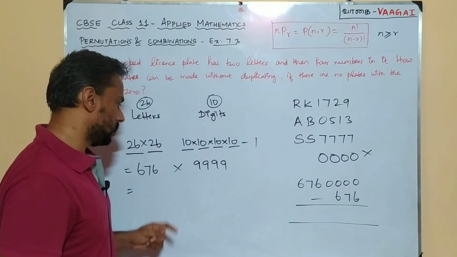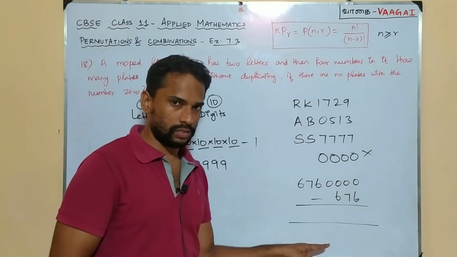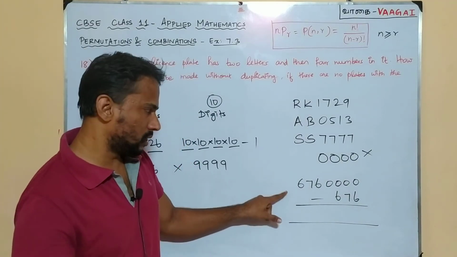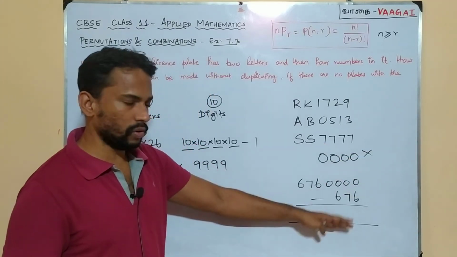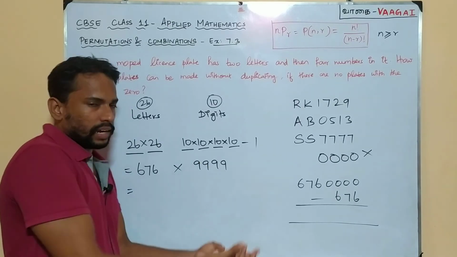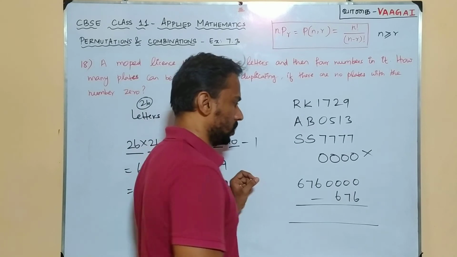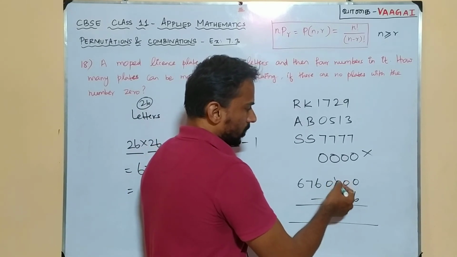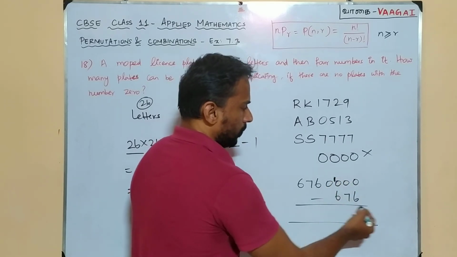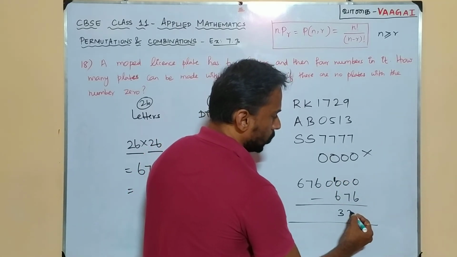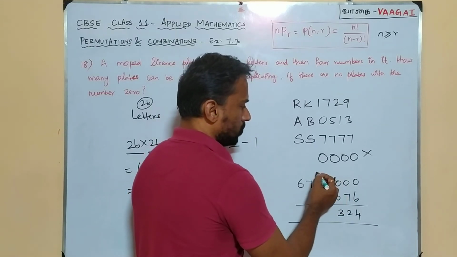Instead of multiplying 676 into 9,999, I am doing 676 into 10,000 minus 676 into 1, because this gives the answer for 676 into 9,999. So we carefully do this calculation. I take 1000 minus 676, which gives 324, if I am right. And because I have borrowed, this 60 becomes 59.